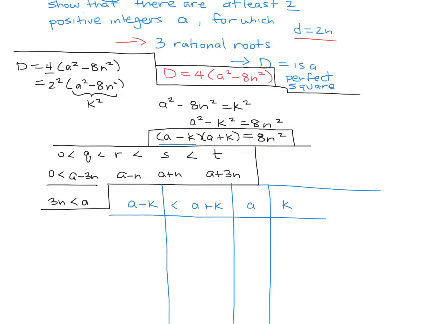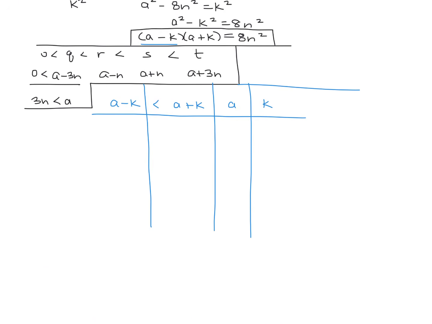So we want integer values for a. So let's just put here that a is a positive integer. Okay, so here we go. Keeping this in mind, that's an equation that we have to constantly refer to.